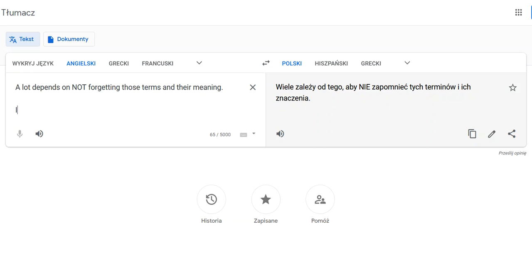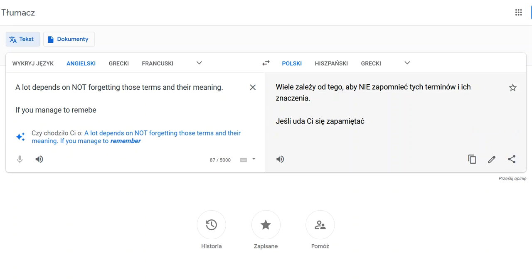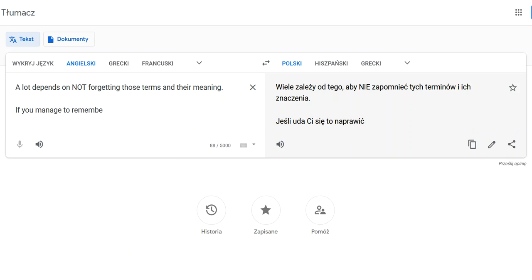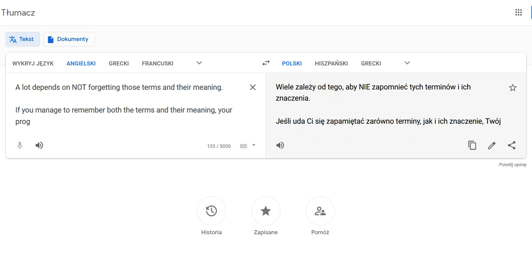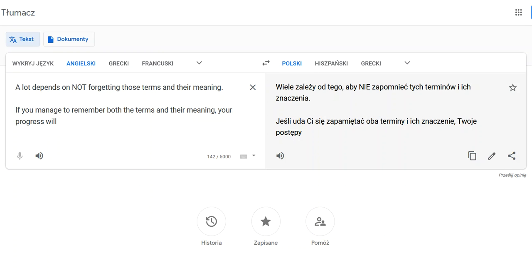Okay, if you manage to remember both the terms and their meaning, your progress will be amazingly fast.